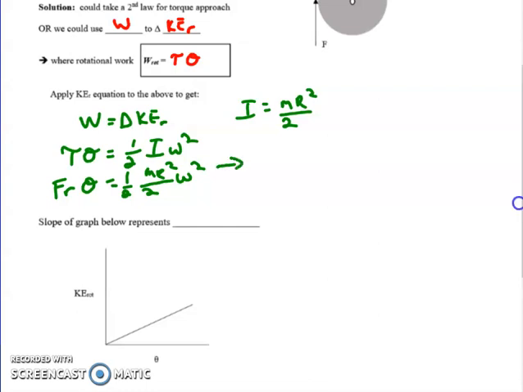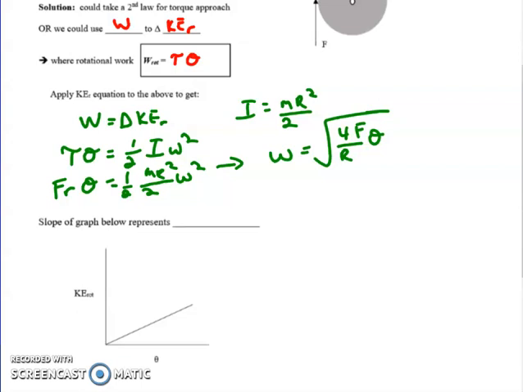We're solving for omega. We see that this becomes 1/4. Now I'll work it out. So I have omega equals square root of 4 times F. I'm going to have R over R squared, so there's an R in the denominator, and times theta.